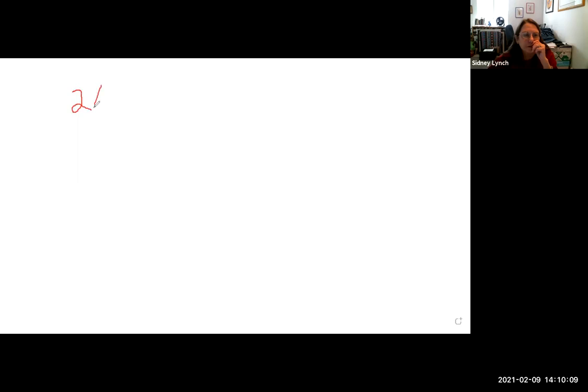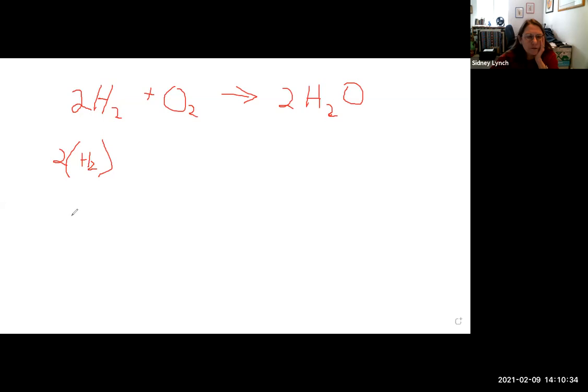Okay, let me try it this way. I'll just do the same equation. 2H2 plus O2 goes to 2H2O. What this is showing is 2 H2s, and each one of those H2s is 2 H's, an H and an H and an H and an H. So that's 4 H's.